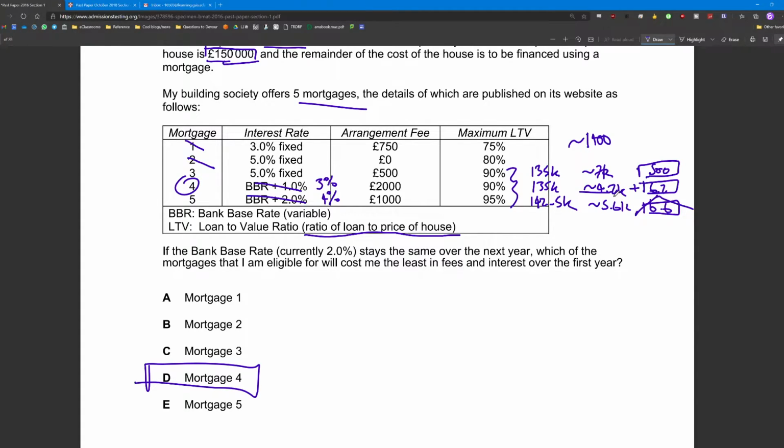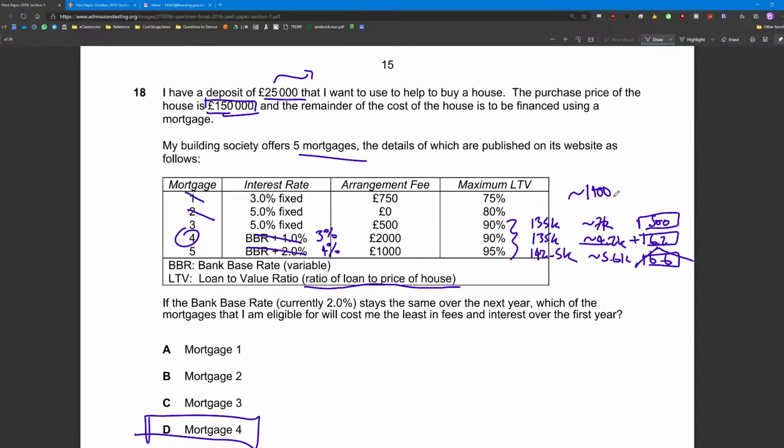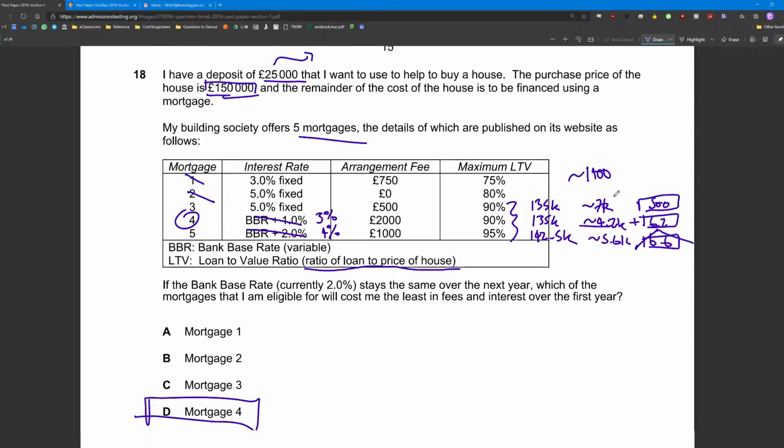I don't know, this question is a bit of a headache. I'm pretty sure the first 2 mortgages are invalid just because they simply don't cover the cost of the house, right? Yeah.